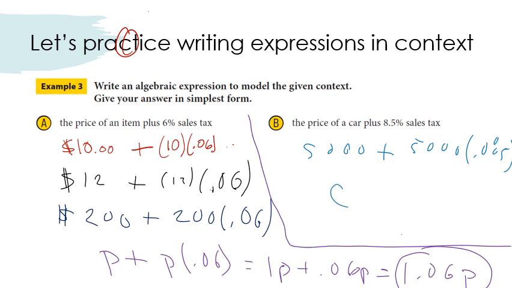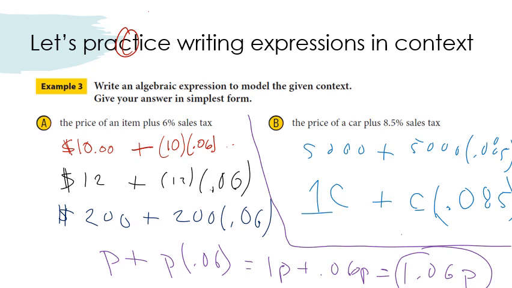Likewise, no matter what the price of the car is, to find the sales tax, you take whatever that original price of the car is times 0.085, and there's a visible 1 in front.